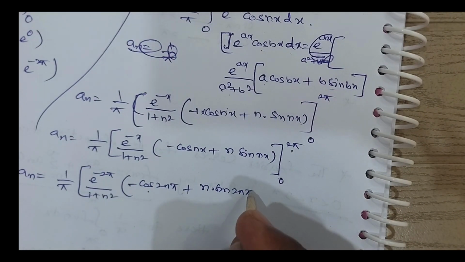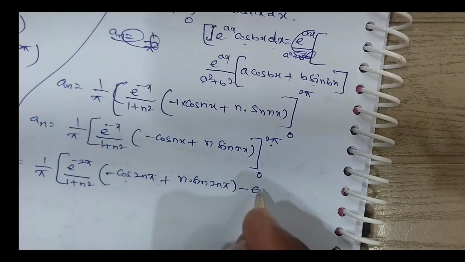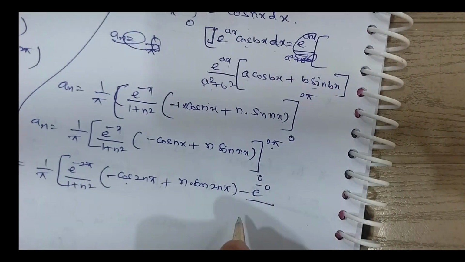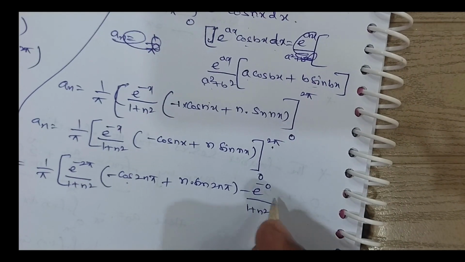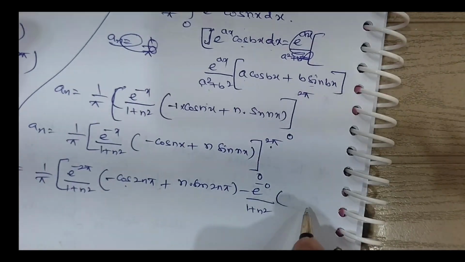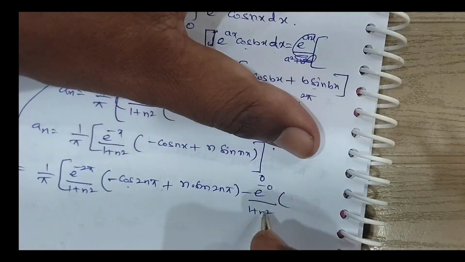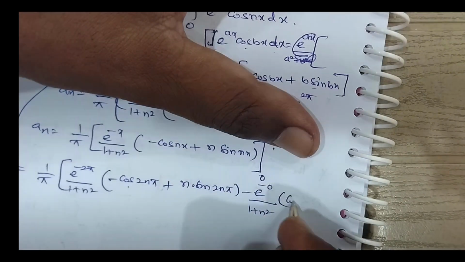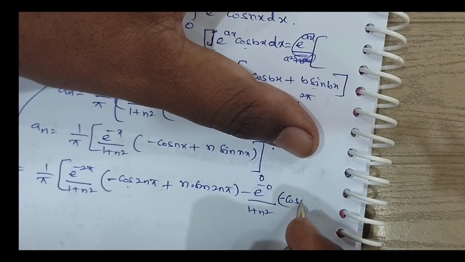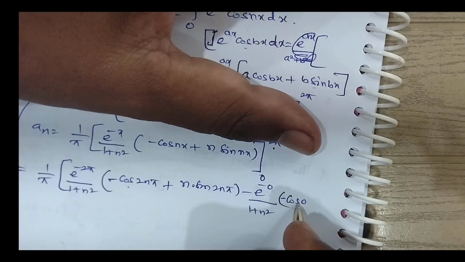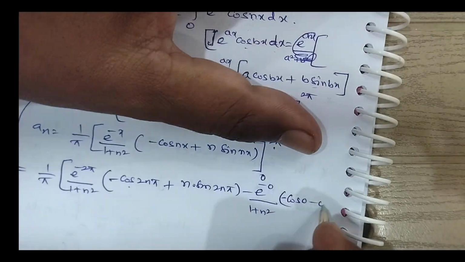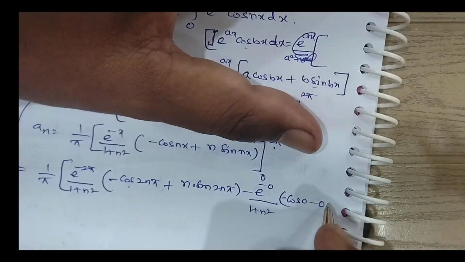Next the lower limit: minus e power 0 by 1 plus n square into, applying 0, minus cos 0 plus n into sin 0. Sin 0 means 0.